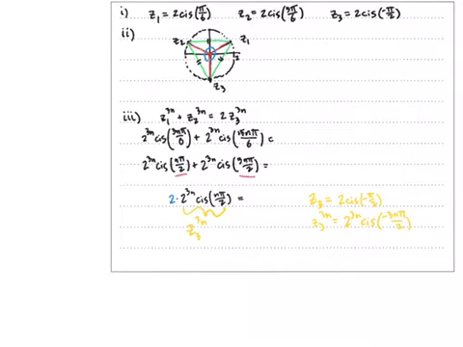And now I've got exactly what I want because n pi over 2 and negative 3n pi over 2 are coterminal.